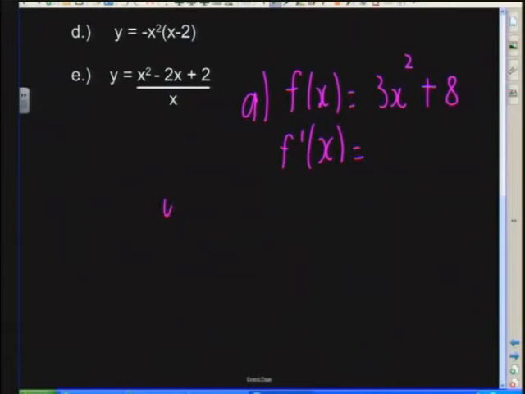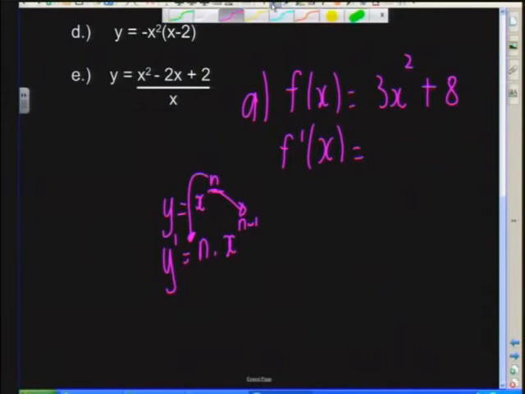Remember, we had if y is equal to x to the power of n, then the derivative is equal to n times x to the power n minus 1. You see what we did? We subtracted 1 from the power, and then we also brought the power to the front and multiplied by x. Okay, and if there was a coefficient, we would have multiplied by the coefficient.